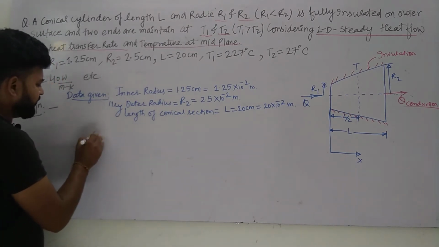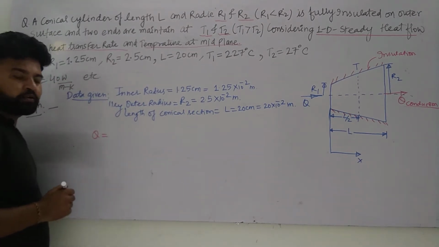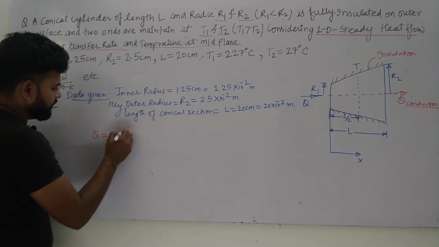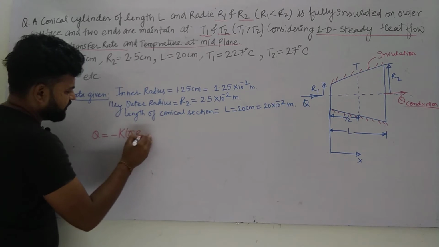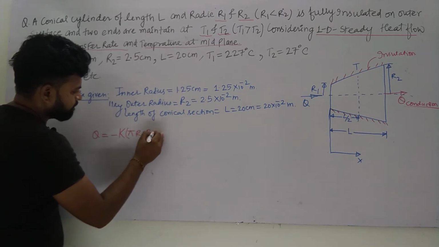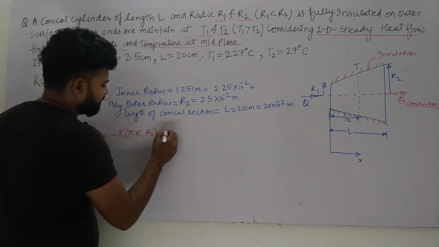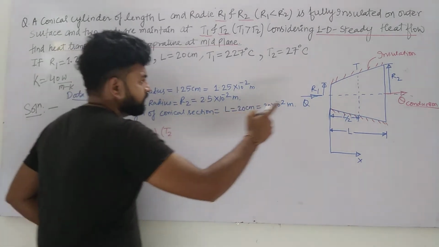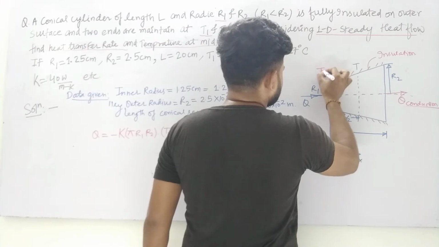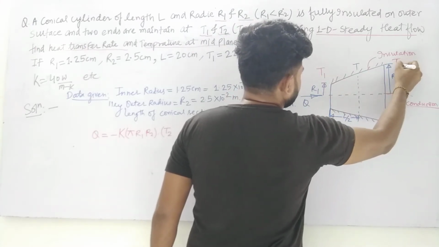So this will be given by Q is equal to minus kappa into pi R1 R2 multiplied by the temperature change, that is dT, that is T final minus T initial. Let us take it T1 and let us take it T2.